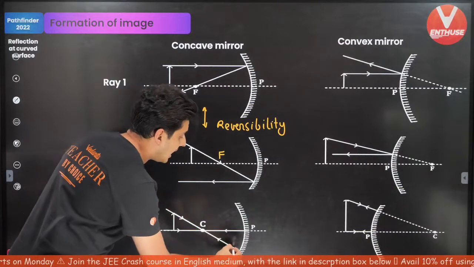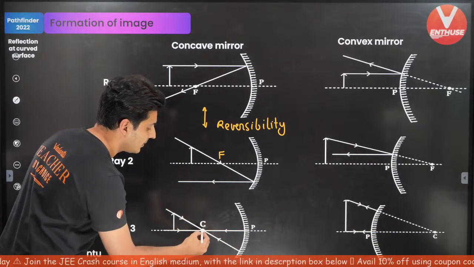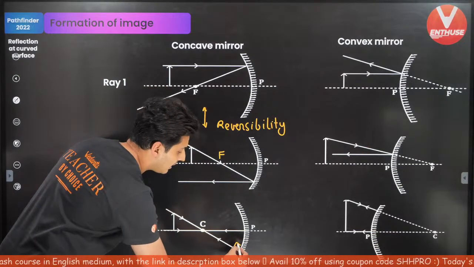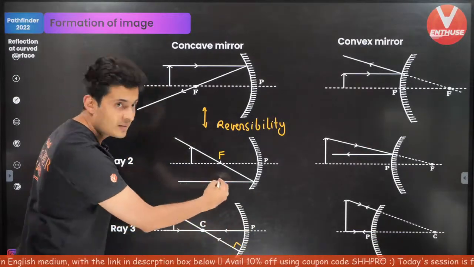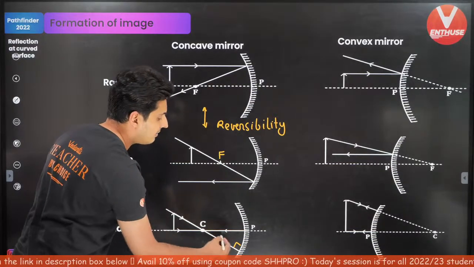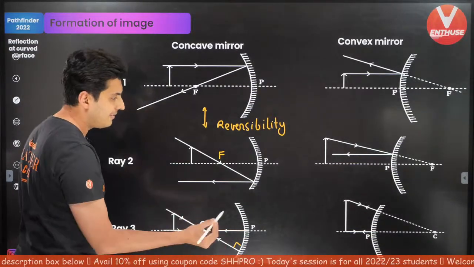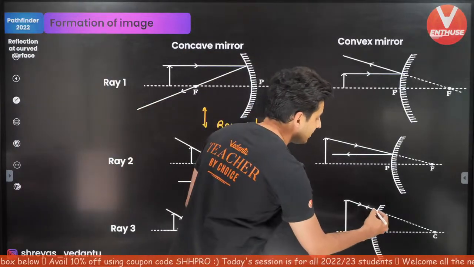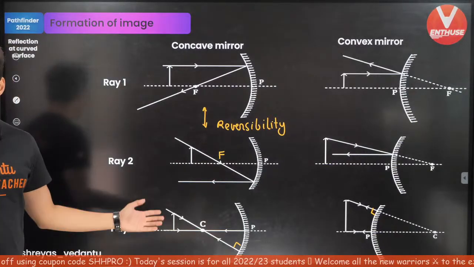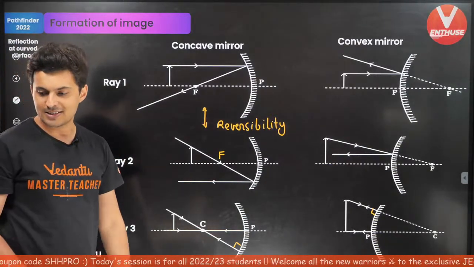Because when the rays are incident from the center of curvature, they pass along the radius, and the radius is always perpendicular to the arc or the circle. When it is perpendicular, the reflected and the incident ray will be the same. That's because the rays are incident perpendicular to the surface. Is that clear, all my warriors?